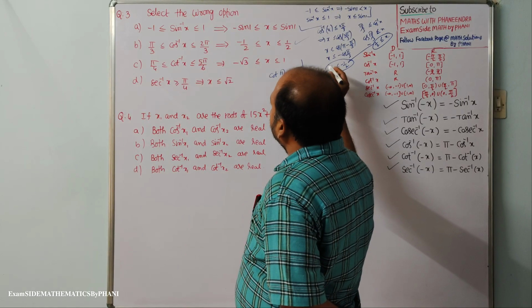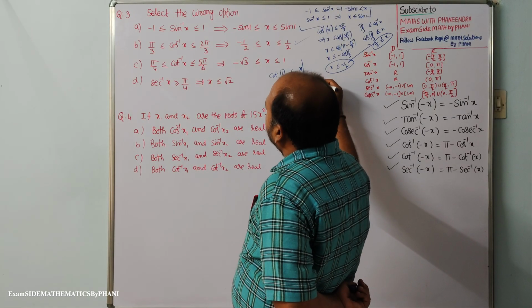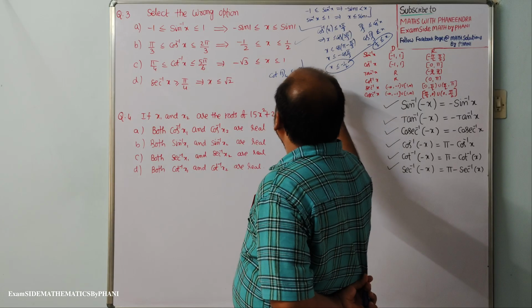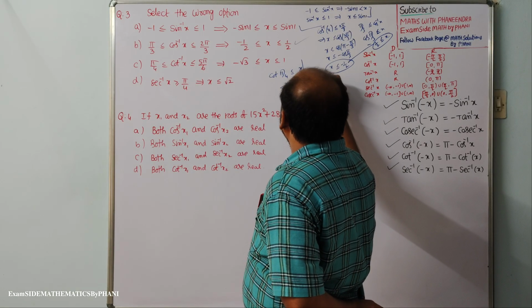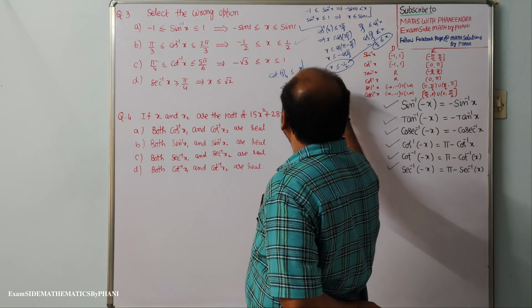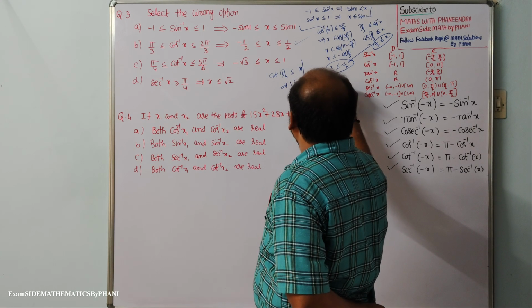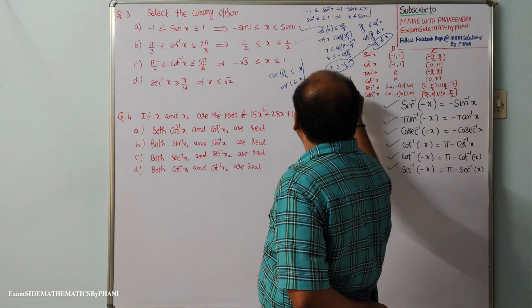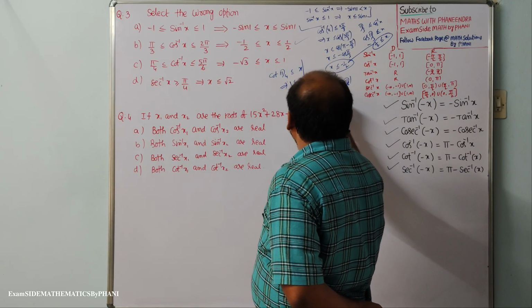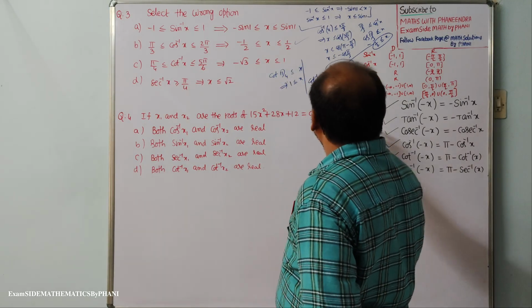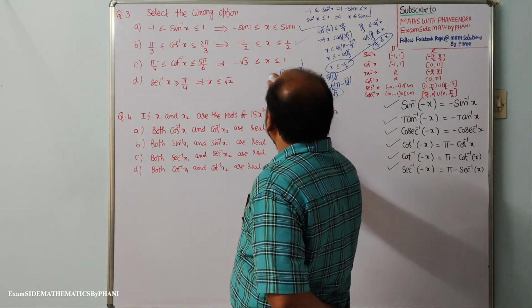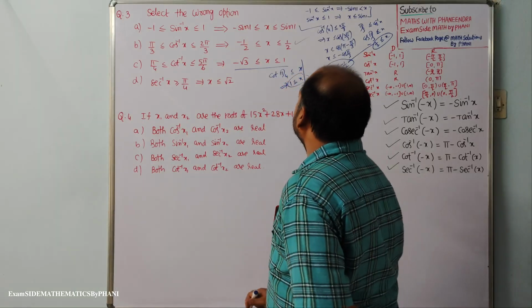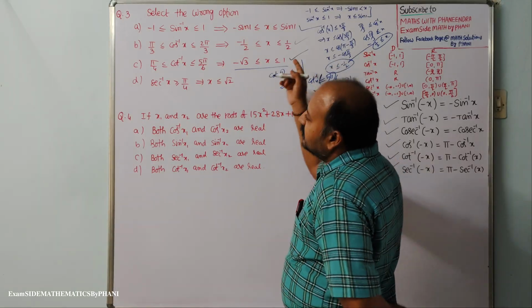Next here, cot inverse of x is less than or equal to 5 pi by 6. So x is less than or equal to cot of pi minus pi by 6, so x is less than or equal to minus root 3. So from these two we can conclude that minus root 3 is less than or equal to x is less than 1. This is correct.